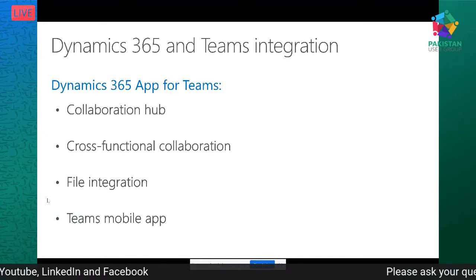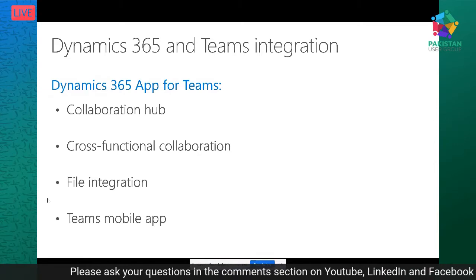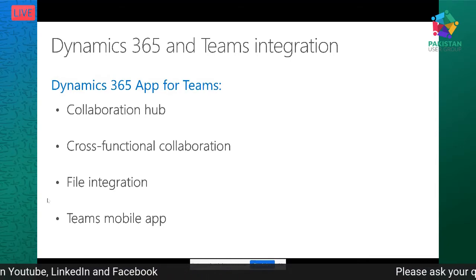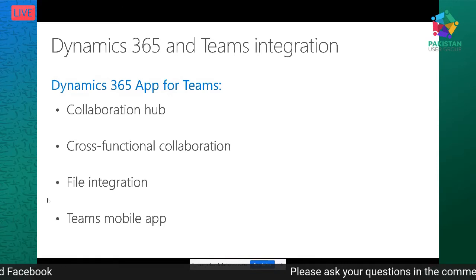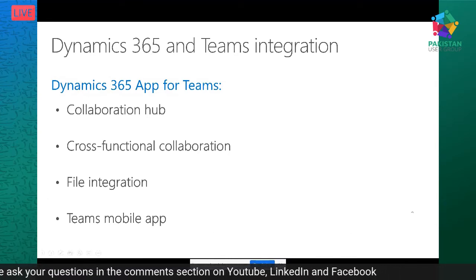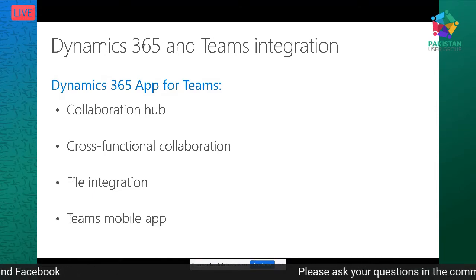With this integration point, first of all you get the collaboration hub, which means you have the liberty to access Dynamics 365 records, which you usually work with, together with the Office applications, and which can, for example, help you close the deals which you are working on, or close the cases, or relationship selling, or whatever, right? So it helps you in that sense.